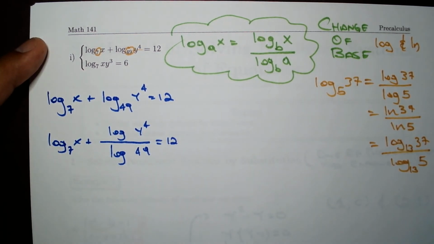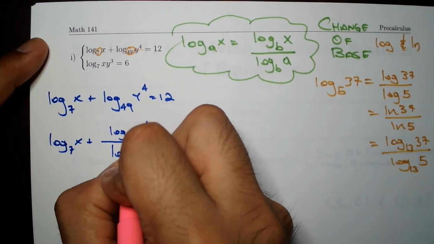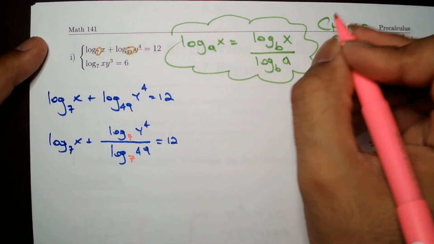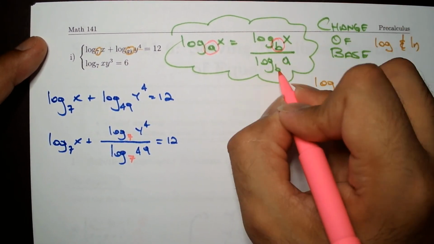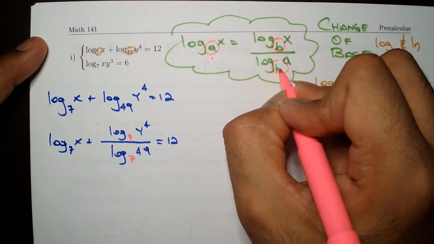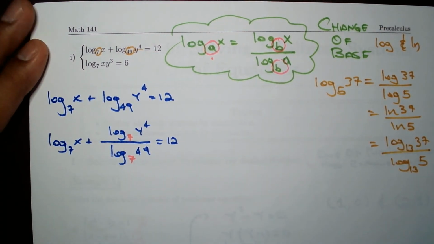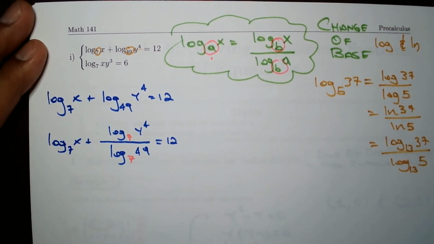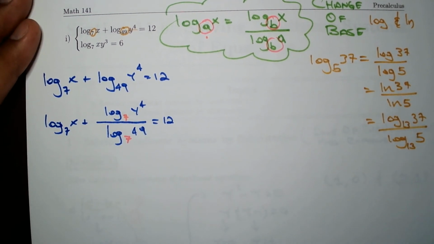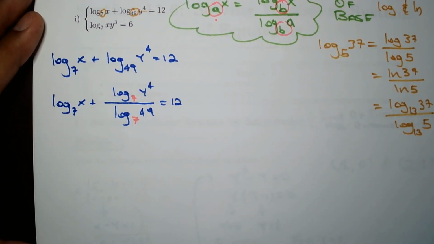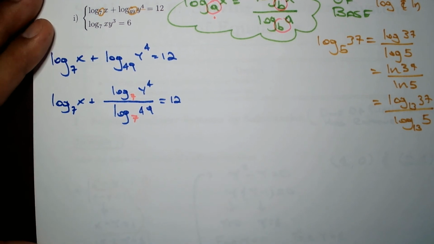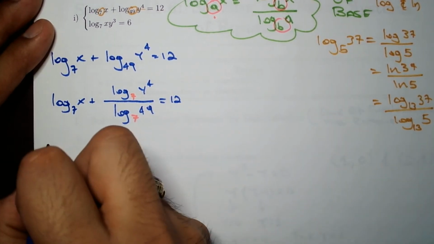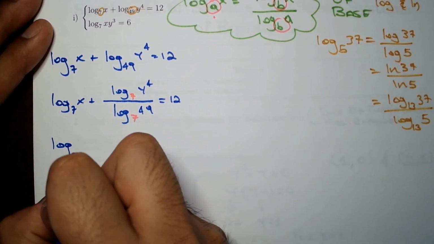But we introduce this new base, in this case base 7. So we go from 49 to 7 basically. This one, the one in the denominator, we're going to factor out the number 49 and write it as a power of primes, and you will see how this reduces very nicely.